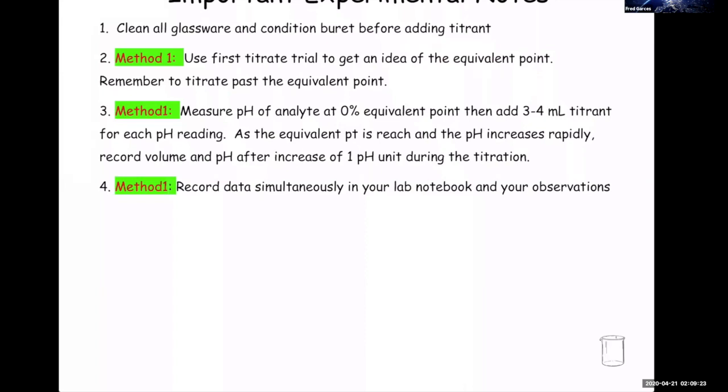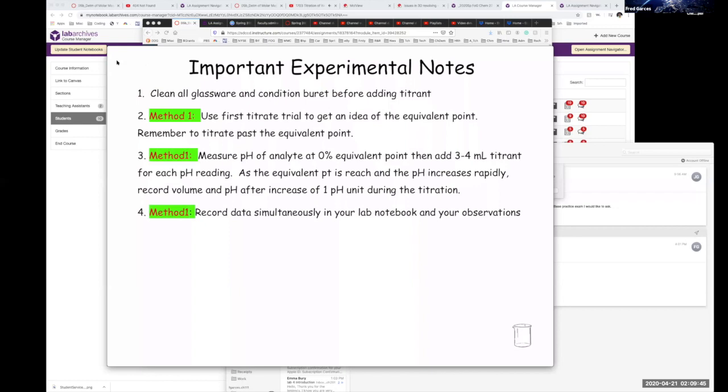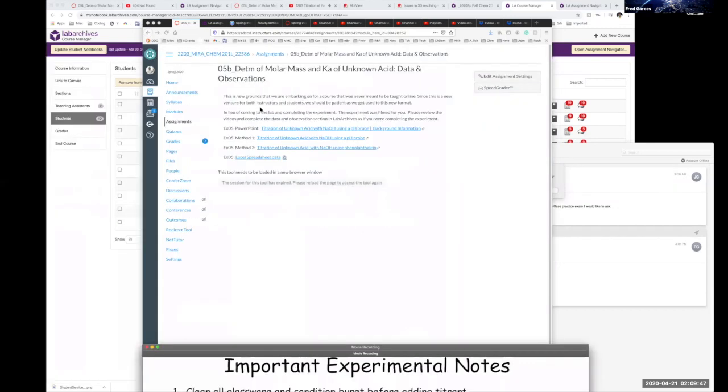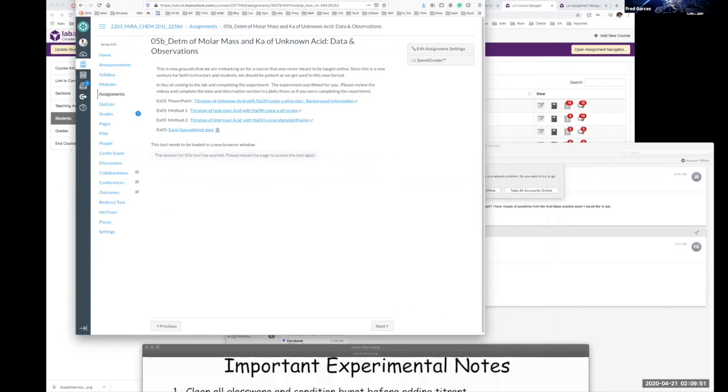Let me change gears and let me give you a preview of the movie. You guys, of course, can watch it at your leisure, but I want to give you a preview of the movie and then just kind of walk you through that particular setup. So under lab archives, we're still in this page right here.